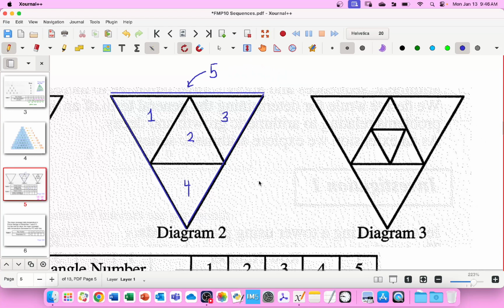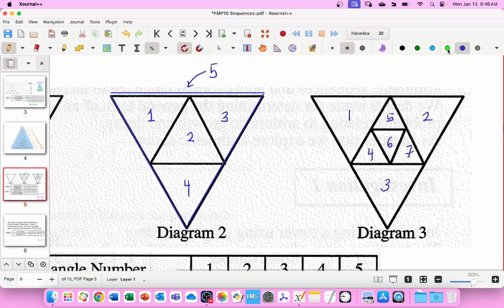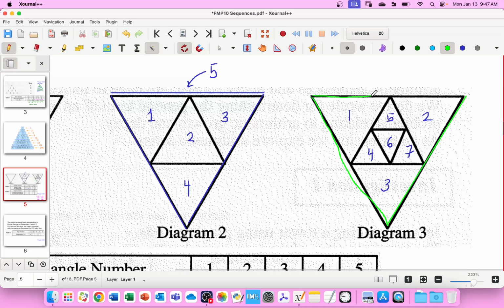So with that in mind, how do I do this? I'll count this way: 1, 2, 3, 4, 5, 6, 7. But then I also have the 8th triangle.